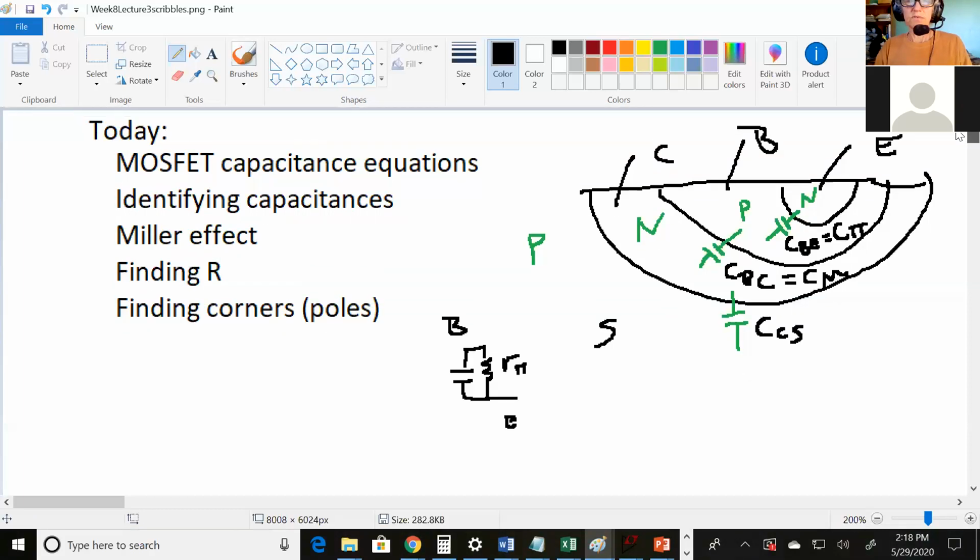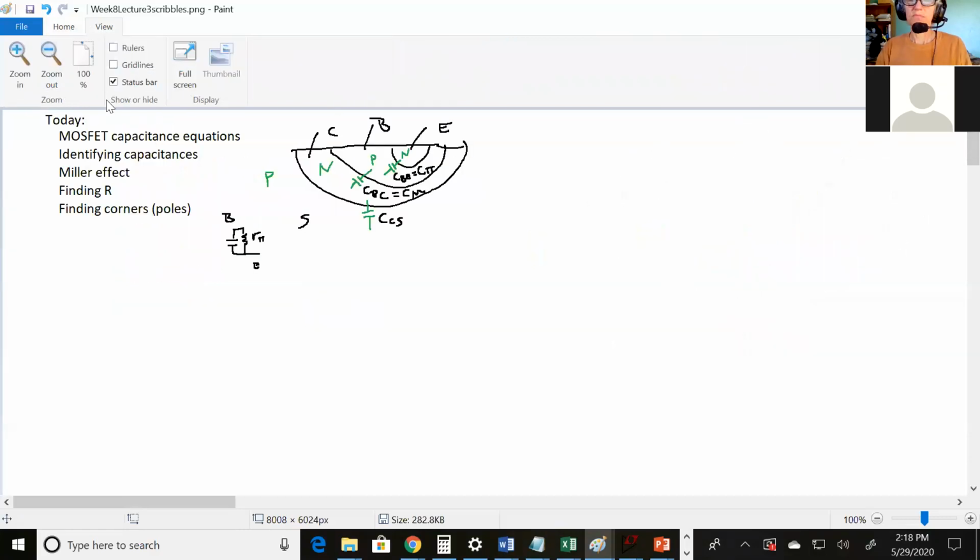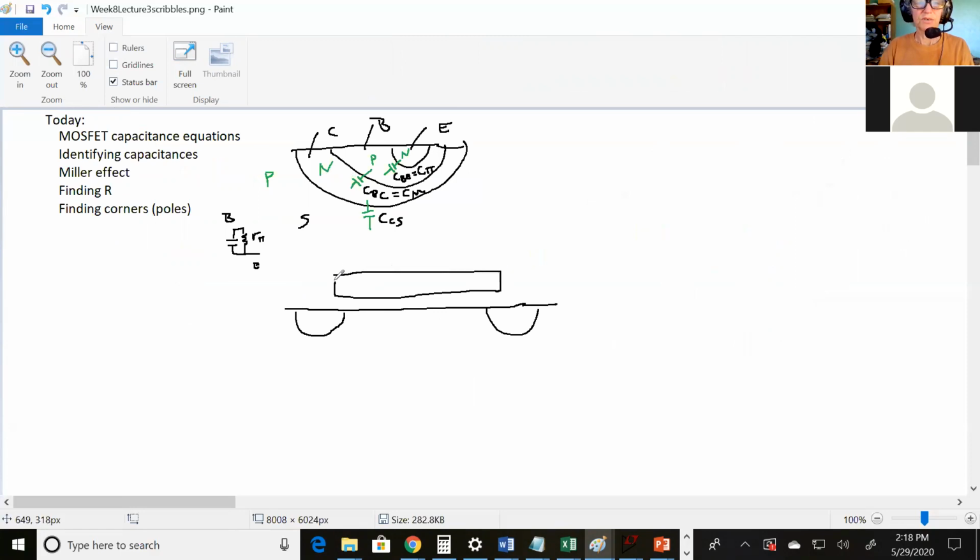I'm going to scroll down just to have enough space. Okay, then there's the MOSFET version. And for those that had 307 with me, nothing's changed. So you have the gate. You have, we'll call this the drain for no reason.